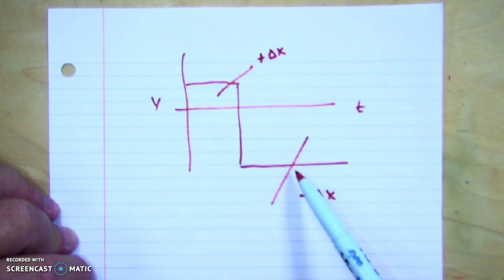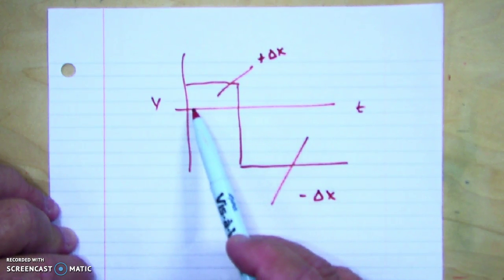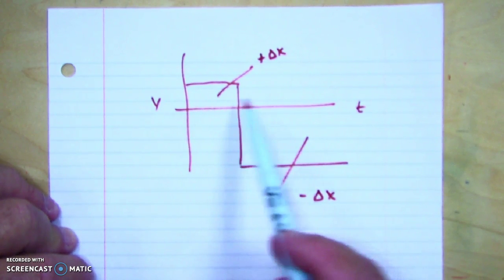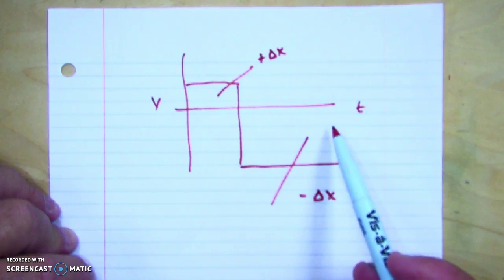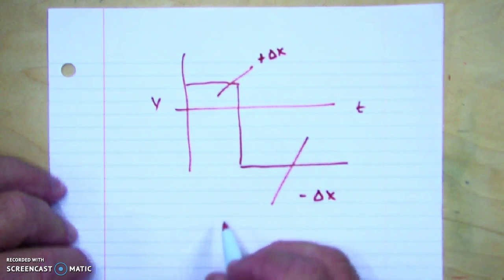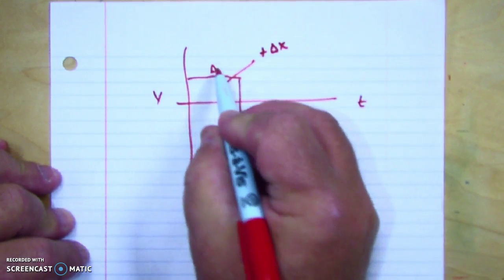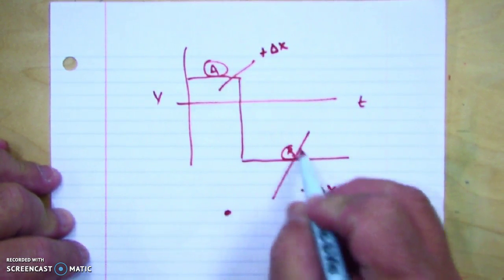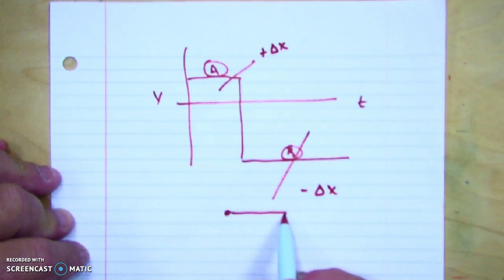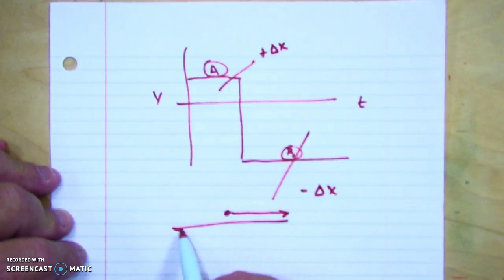So in this case, the object spent a little bit of time going forward, but then it spent more time going backwards. So if this is your starting point, let's call this interval A and this interval B. A would look like that, and then B would look like that.